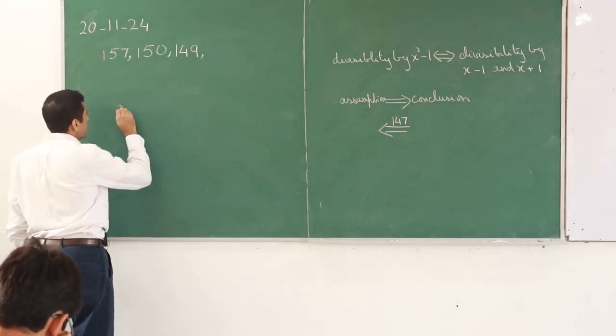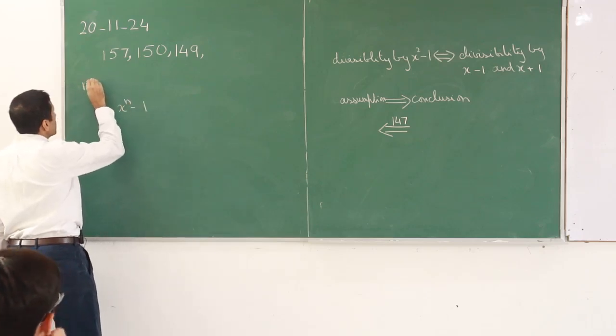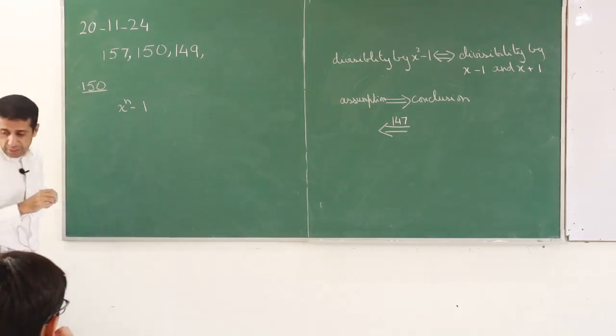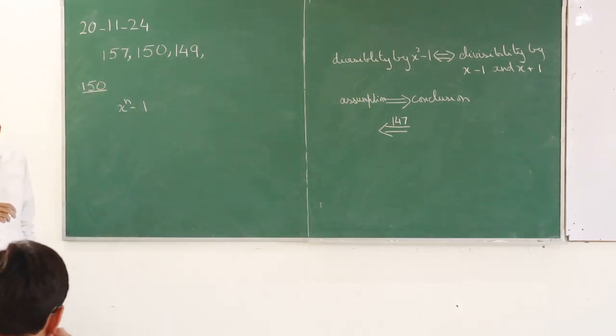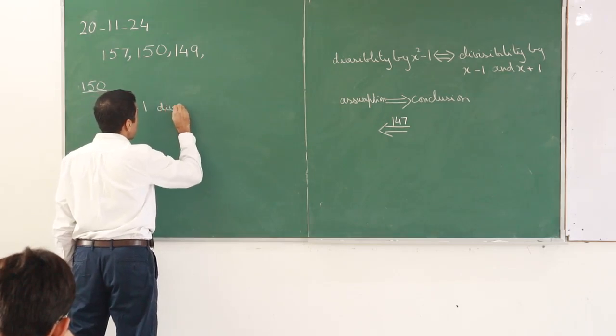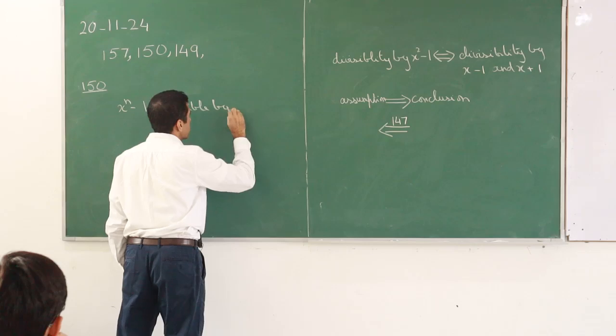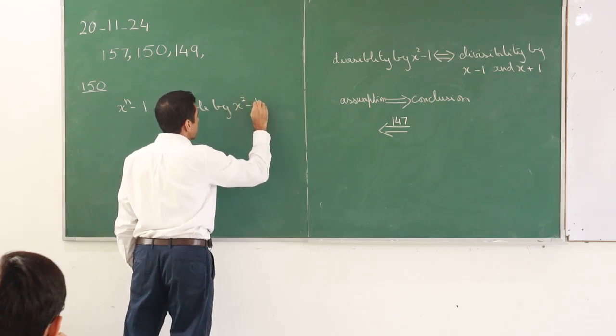Okay. So now 150. We want to figure out x to the n minus 1. This is 150. For which n is x to the n minus 1 divisible by x square minus 1? For which n?